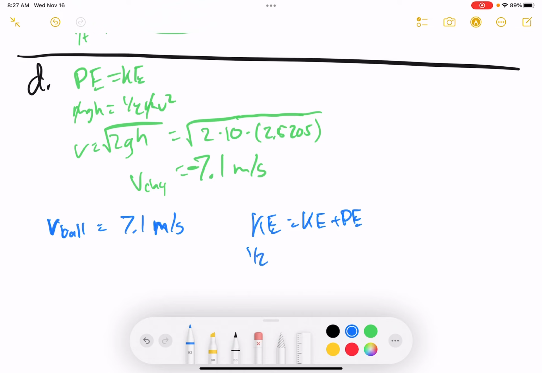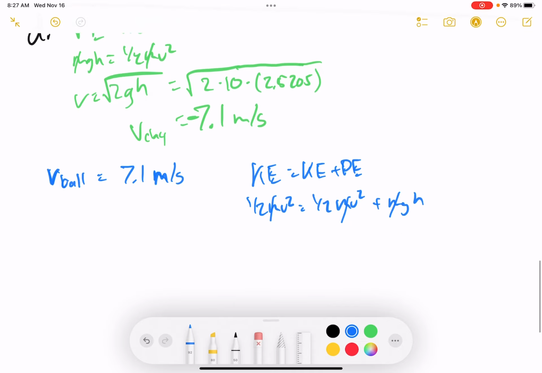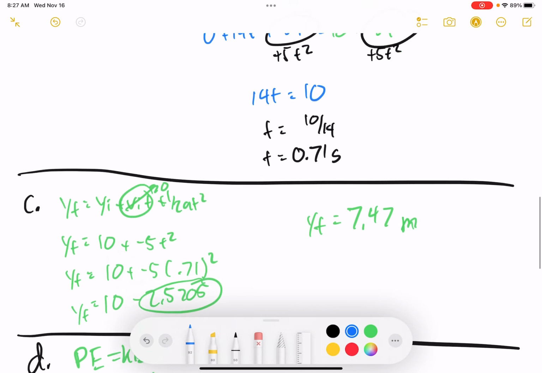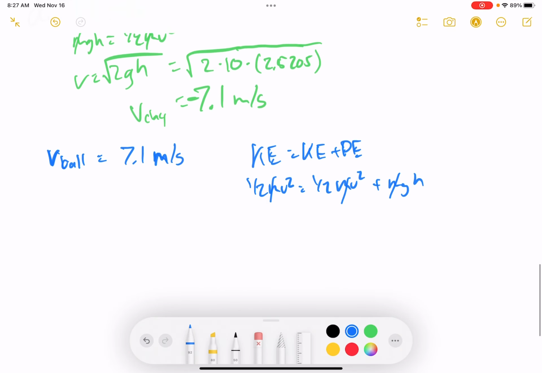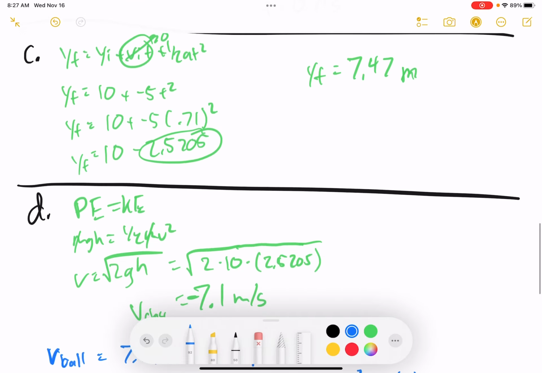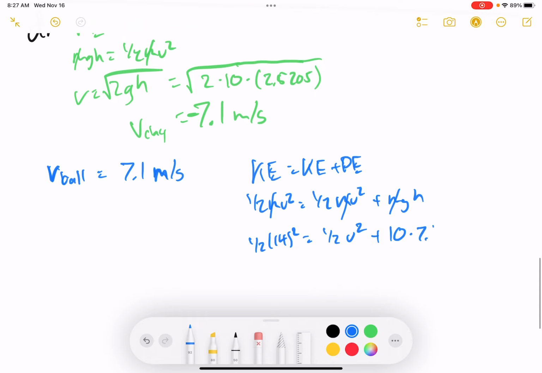So you just have 1/2 mv squared equals 1/2 mv squared plus mgh. So all the m's cancel. We know our initial velocity is what we solved for earlier, right? That's 14. Okay. So I have 1/2 14 squared equals 1/2 this is what I'm trying to find, plus 10 times my h, which is 7.47, right?